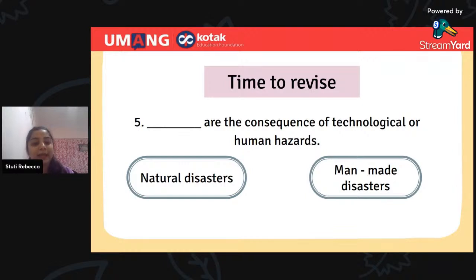Analyze the question again and quickly write it in the chat box, everyone. What do you think? Technological or human hazards? Yes, you all are right again. The correct answer is man-made disasters. Now read the answer along with me. Man-made disasters are the consequence of technological or human hazards.